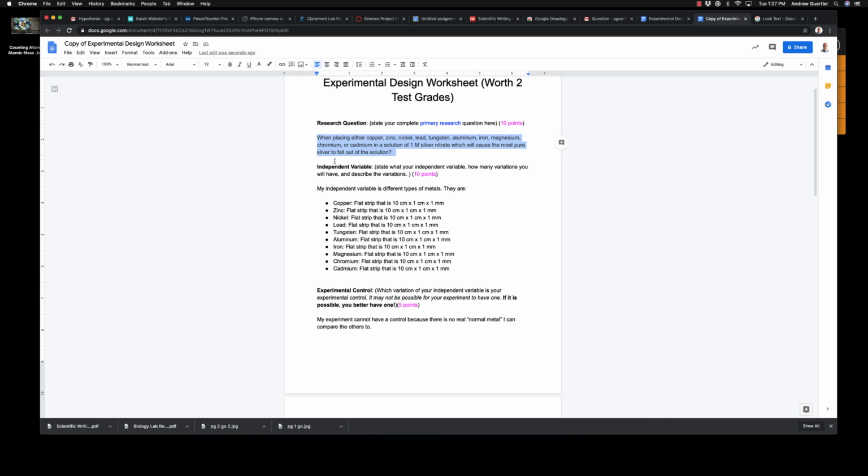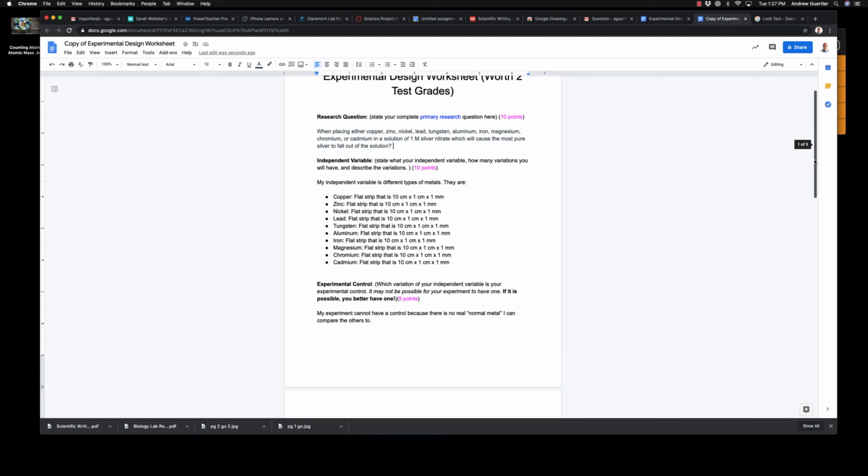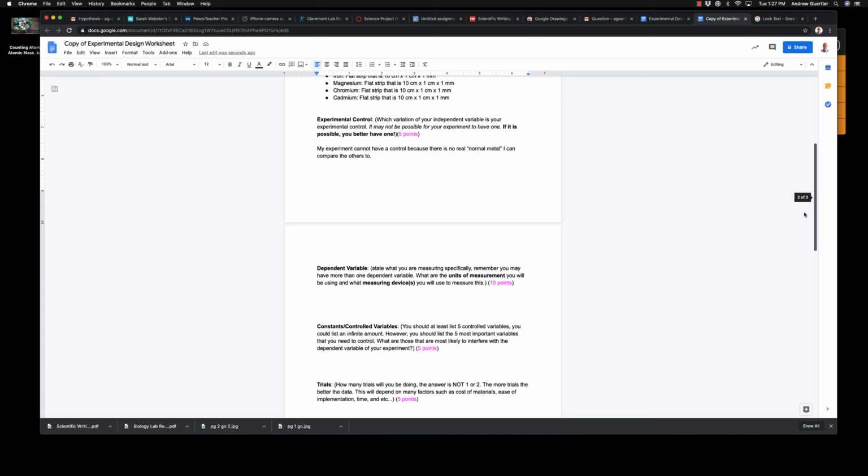You don't know that, but I do, and that's why I picked this. When some metals are mixed with silver nitrate, they can do a special reaction which produces pure silver. So what I'm trying to do is see which one will produce the most silver. And that's what I'm measuring, the amount of silver.